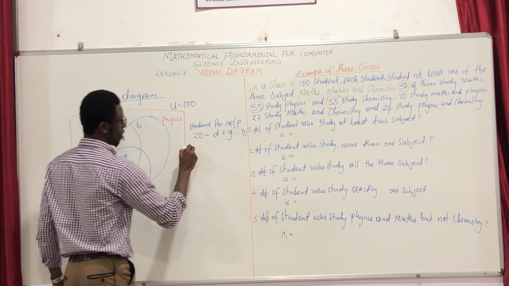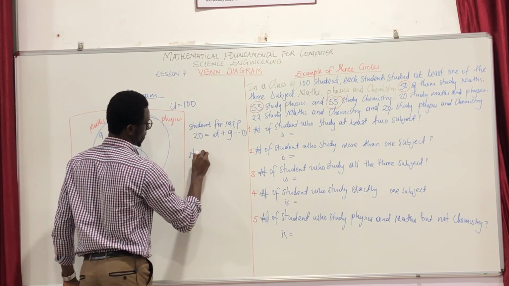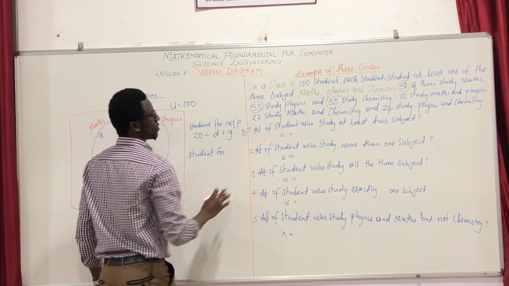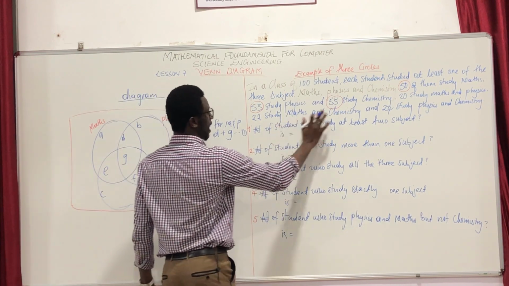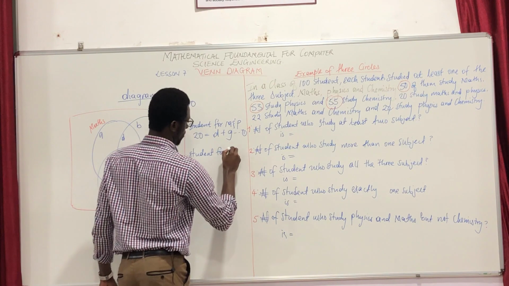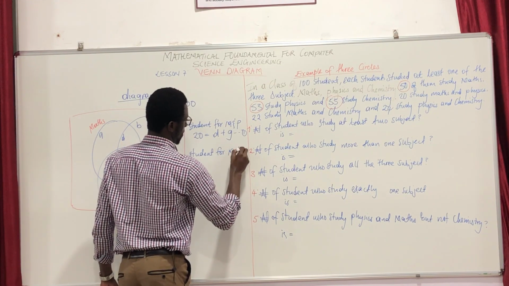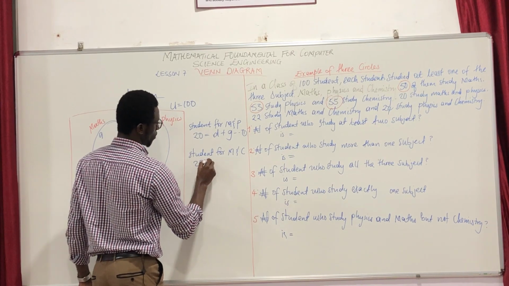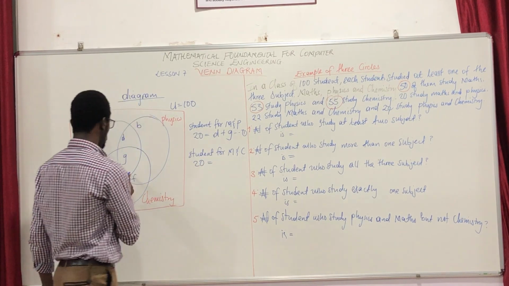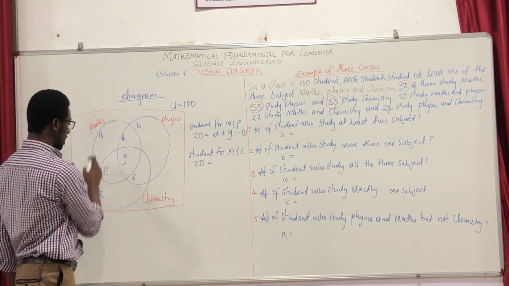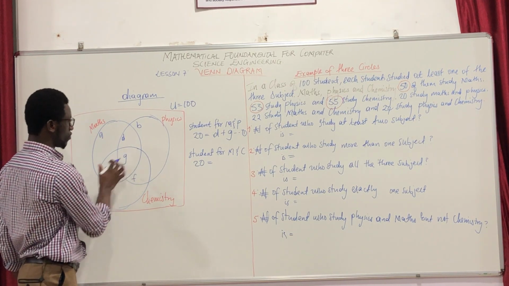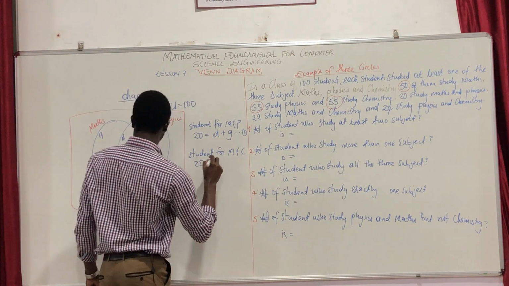The students for maths and chemistry is 22. Maths and chemistry, this is 22, is equal to E, this region, then we'll add this universal.